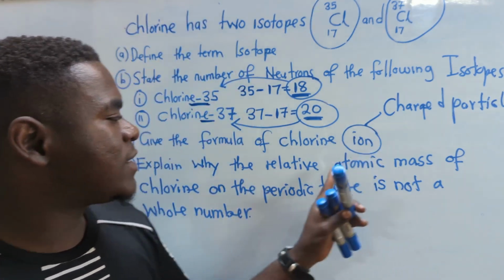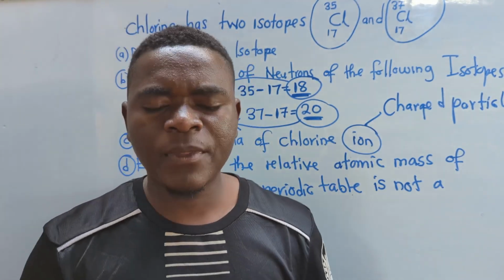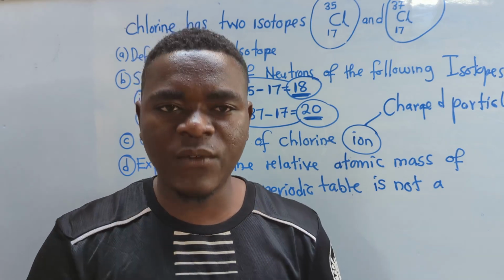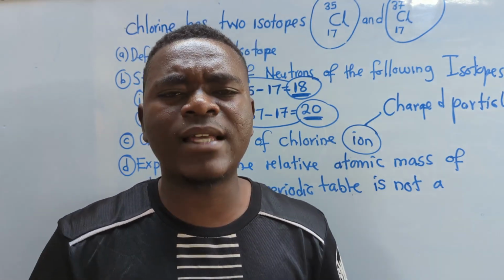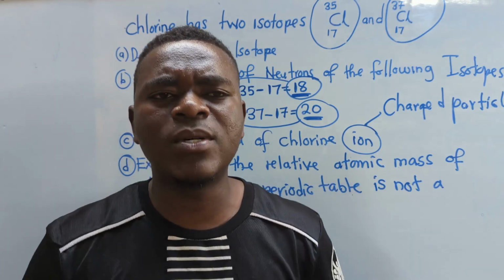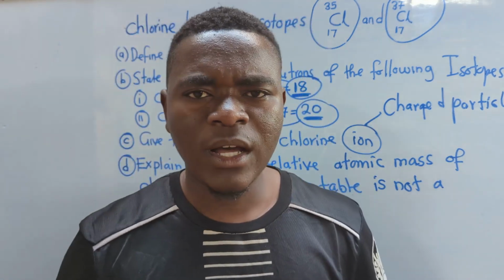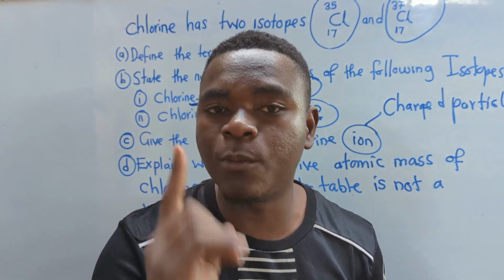They want us to write an ion for chlorine. To be specific, chlorine is in group 7 of the periodic table. Those in group 7 gain electrons to be stable. To be specific, they gain 1 electron to be stable.